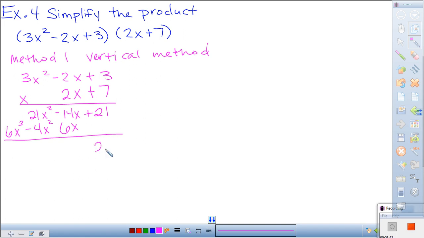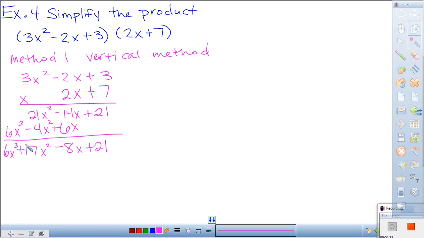So I have a positive 21, negative 14x, and I believe that was supposed to be a positive 6x. Negative 14x and positive 6x, that's a negative 8x. 21x squared minus 4x squared, 21 minus 4 is 17x squared, and it's a positive 17x squared, and then we just bring down our 6x cubed.